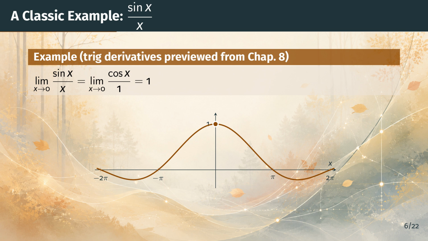There is no actual spike or hole in the limiting value. The function fills in to 1. We are borrowing the derivatives of the trigonometric functions here, which we will justify in Chapter 8, just as the book does. Now let's state the theorem in full generality.